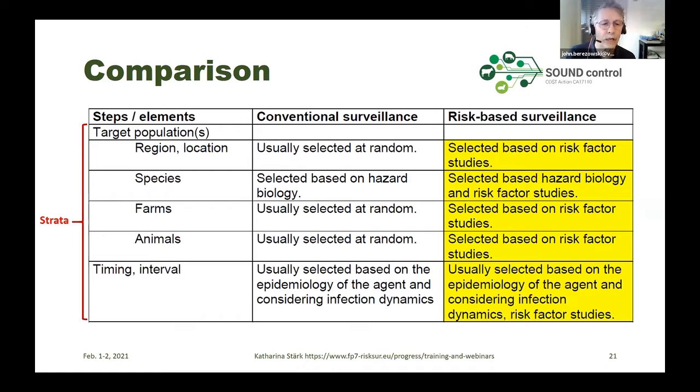When it comes to target populations, that's really where there's a difference between conventional surveillance and risk-based surveillance. In all of these, we use risk factors to define the region to test in, the species, the production group, the farms, the type of animals, and also the timing. So we use risk factors to determine what is the time of the year that we're most likely to find the disease in the population we're looking at, and then we focus our resources on testing at that time.